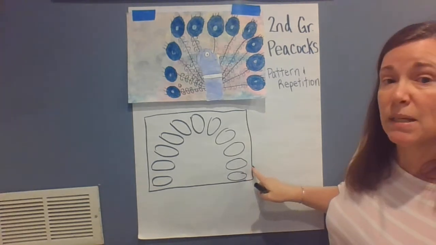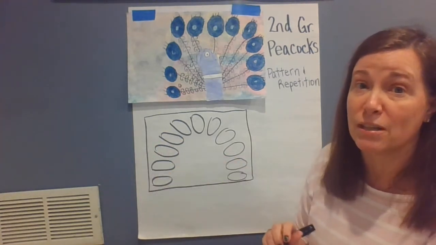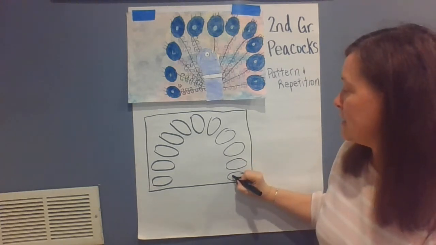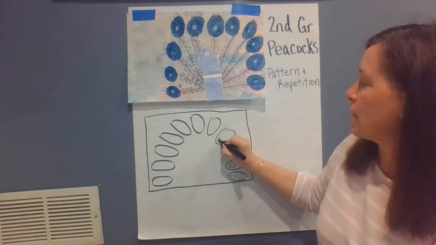You want to leave a little bit of space. You don't want them to touch the edge of the paper because we're going to do some other stuff with that. Then inside your picture, inside the eye, you're going to make another circle.